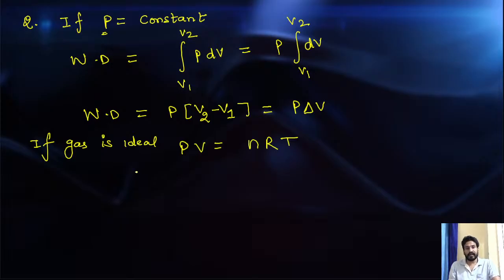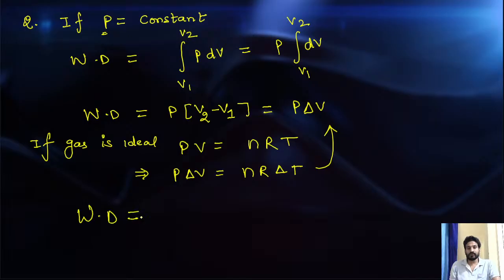So in the change term, I can write P delta V is equal to nR delta T. I hope you understood this manipulation. PV is equal to nRT is the ideal gas equation of state. P is constant, so if volume changes, temperature also changes. So work done by the gas can be written as P delta V, or nR delta T.